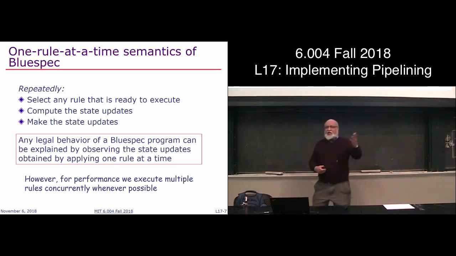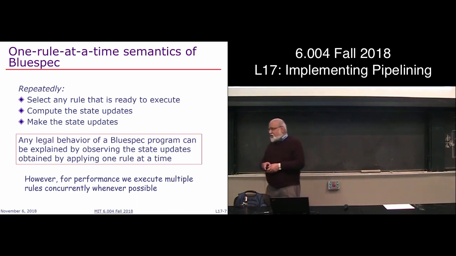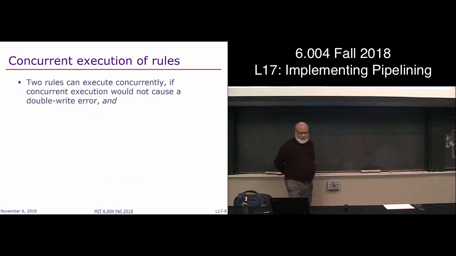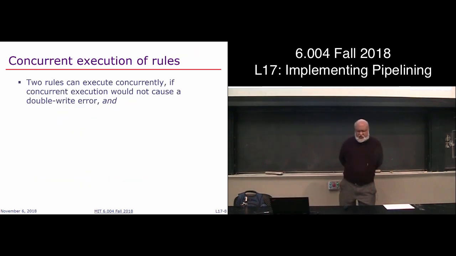We are saying, given a bunch of rules, the only answers that are acceptable to me are the ones which can ultimately be produced by doing one rule at a time in some order. And if you produce an answer which is not consistent with that, it's said to violate one rule at a time semantics.